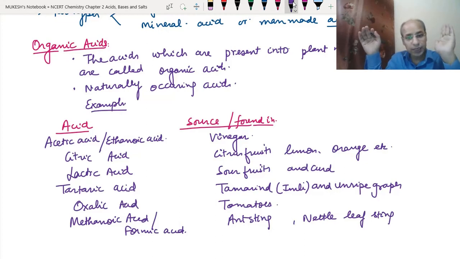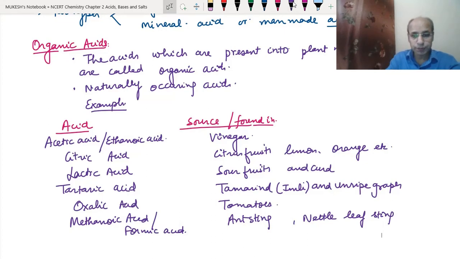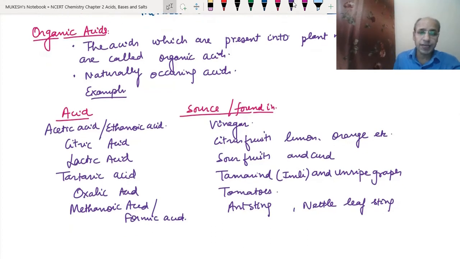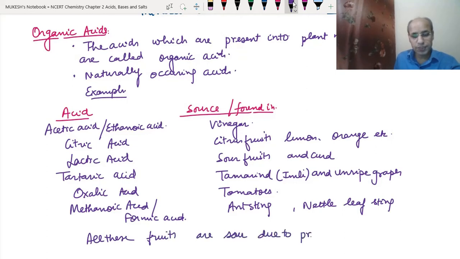Clear? All these fruits, whatever we have written above, are sour due to the presence of acids in them.